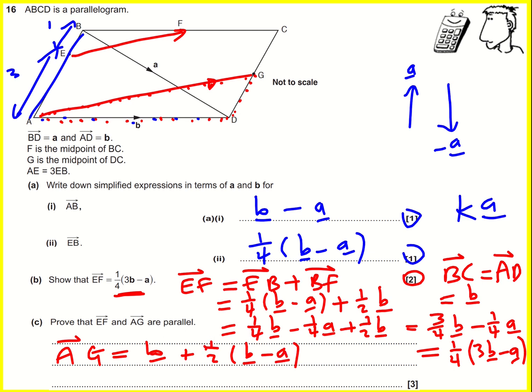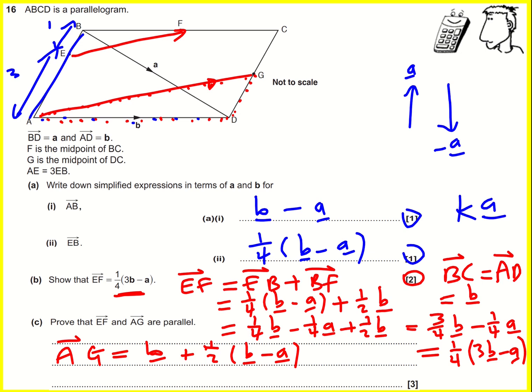I'm just going to talk about that very quickly again. So I want to go from A to G. I've gone from A to D, which is worth the vector B. You can see that here. And then we want to go from D to G, but D to G is 1/2 of D to C, but D to C is the same as AB, because it's a parallelogram. The vector AB is B minus A, so that's where that 1/2 has come from.